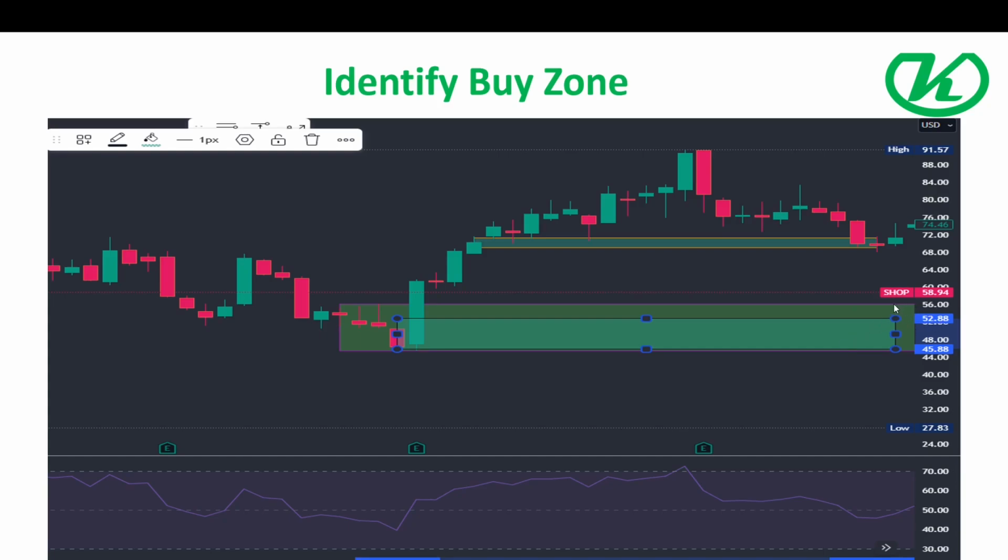So we'll be looking at buying at $56.50, and we also want to plan when to sell it, because we are already in loss and we want to recover our losses and be able to get out of the trade with profit.